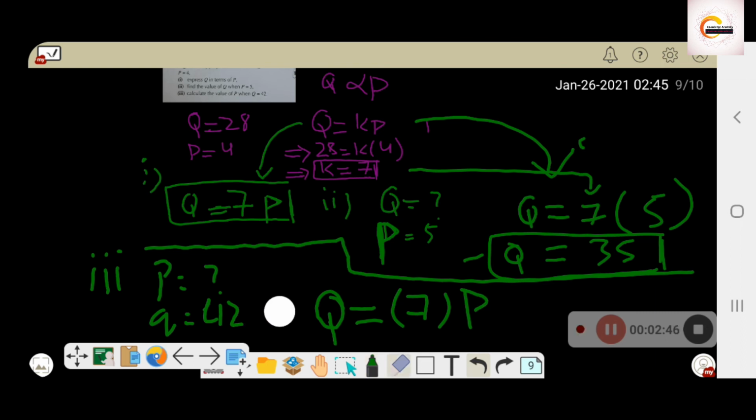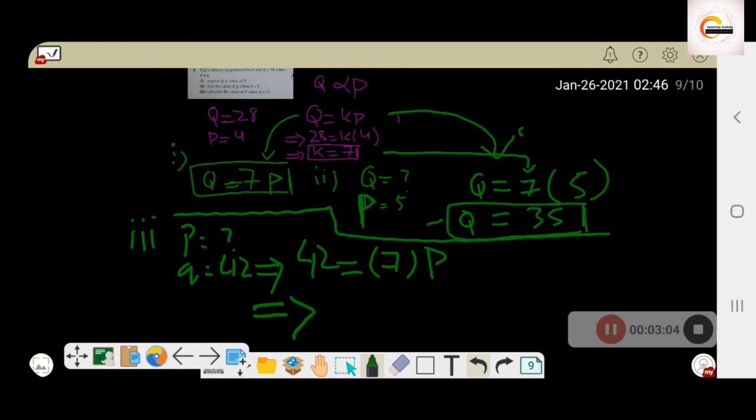Now the value of Q is 42, and 42 divided by 7 will give us the value of P, that is 6.